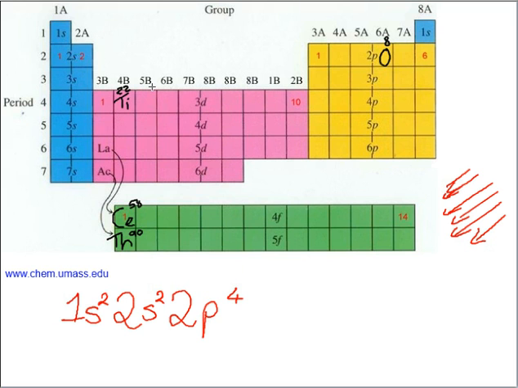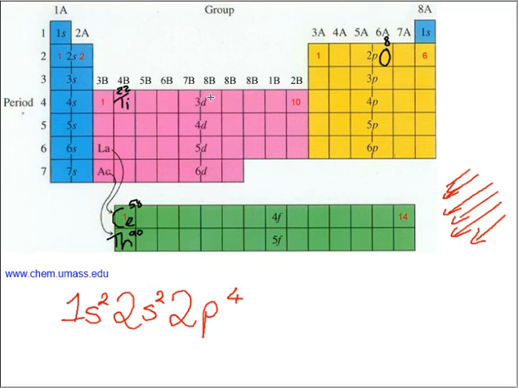But here's another trick that you need to learn. When we reach the transitional metals, the rules are a bit different. For example, for this one right here, the energy level is not 4D.